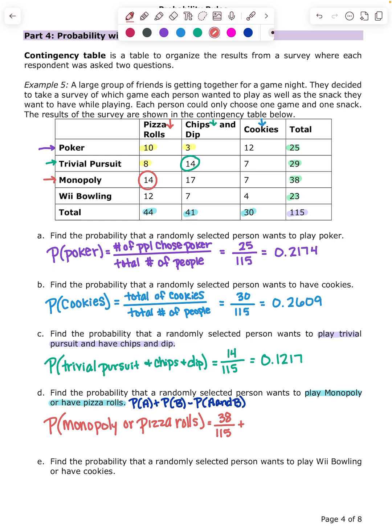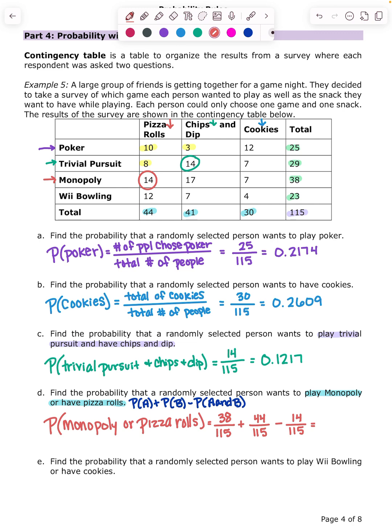Probability of B would be the probability of somebody wanting pizza rolls. So that is 44 out of 115. And then we subtract the overlap, the probability that somebody chose both, which would be 14 over 115.